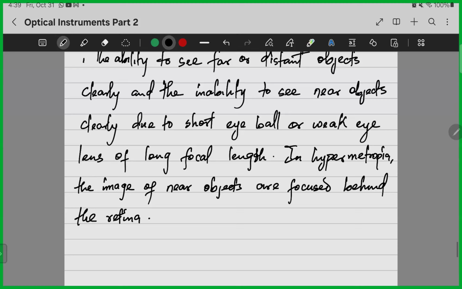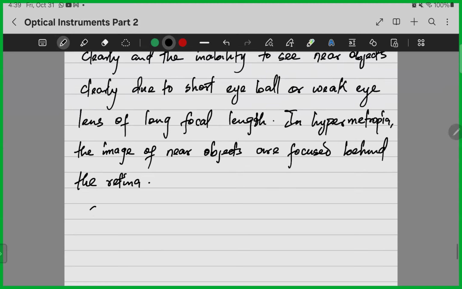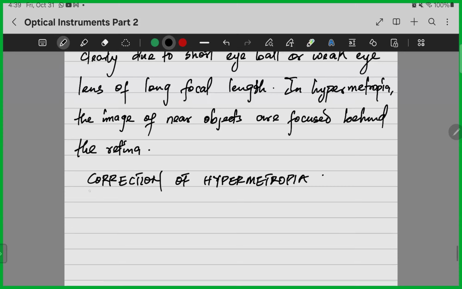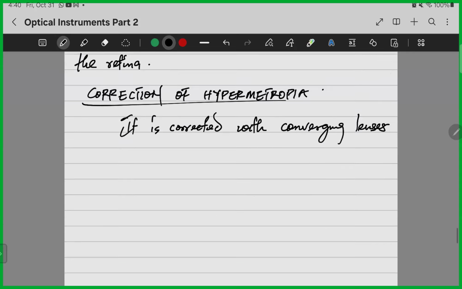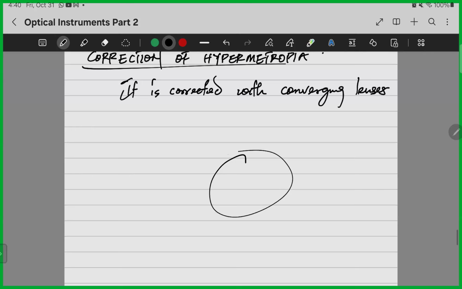So the idea here is, before I give a rough sketch, correction of hypermetropia is corrected with converging lenses.